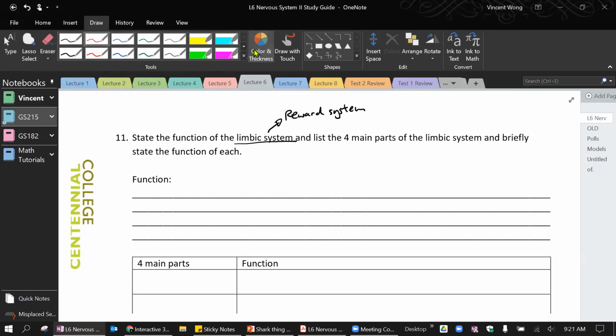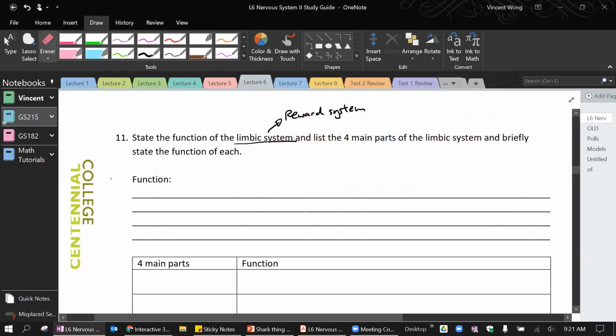To put it simply, I guess we can say the limbic system will collectively cause pleasant and unpleasant feelings towards your encounters.